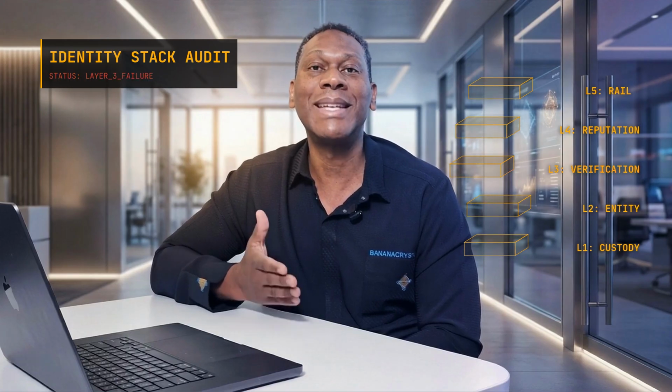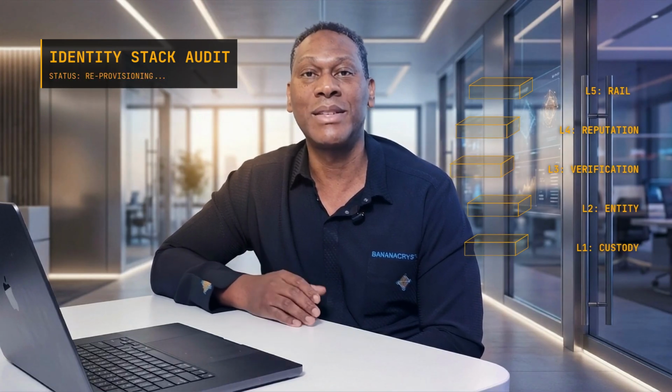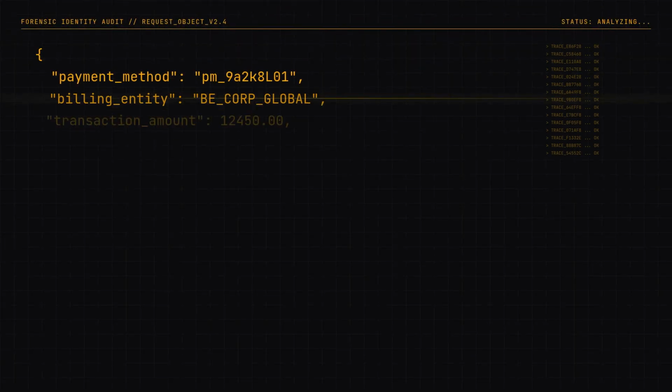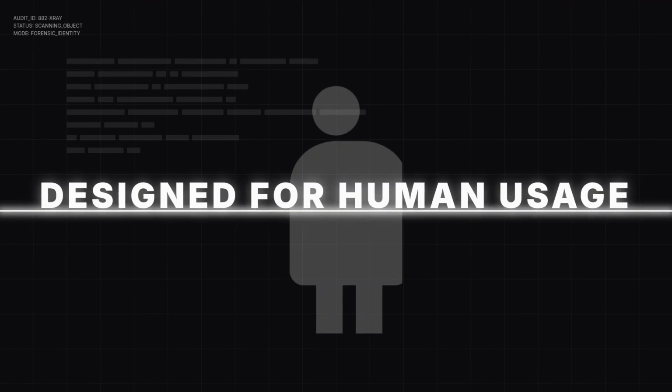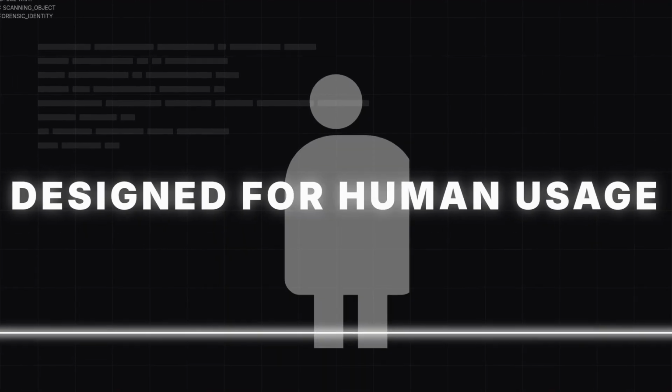When a payment request hits a gateway, the gateway evaluates the request object. That object contains a payment method identifier, a billing entity reference, a transaction amount, a merchant category code, and optionally a device fingerprint. Every one of those fields was designed for a human-initiated transaction. When an agent submits this request, the payment method has no behavioral history.